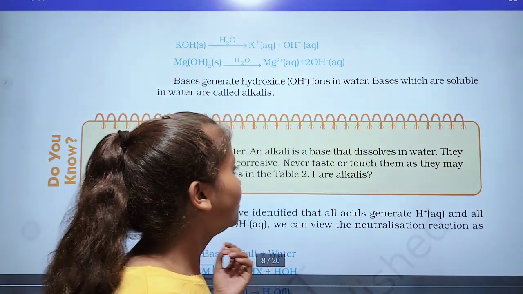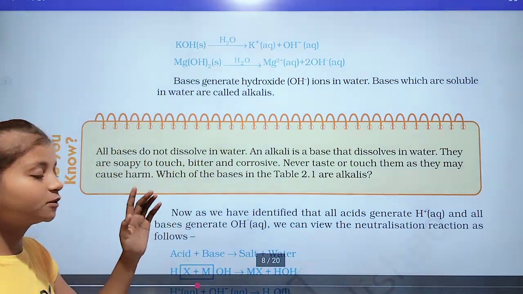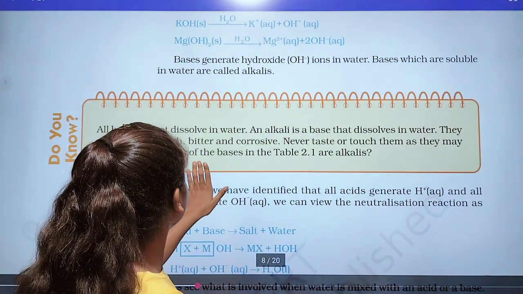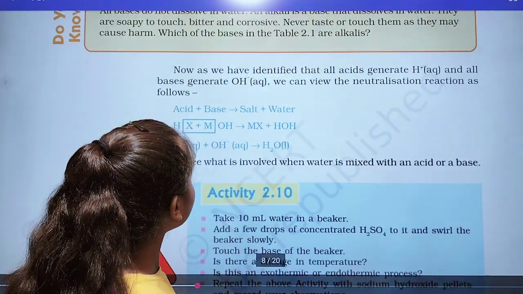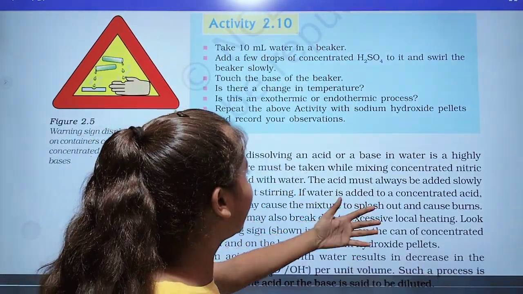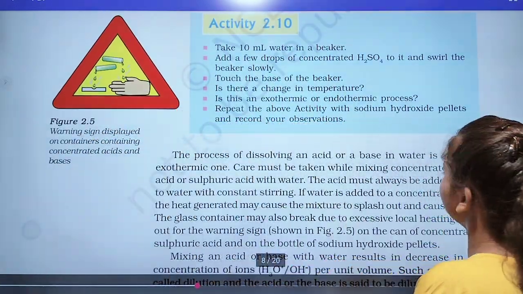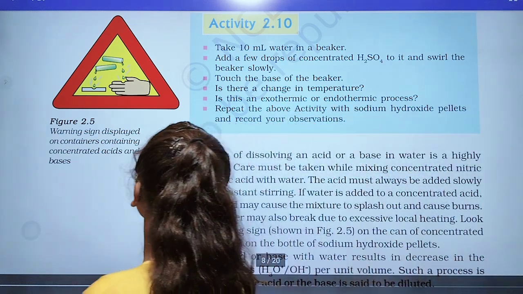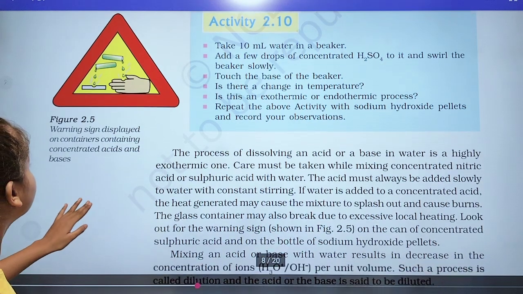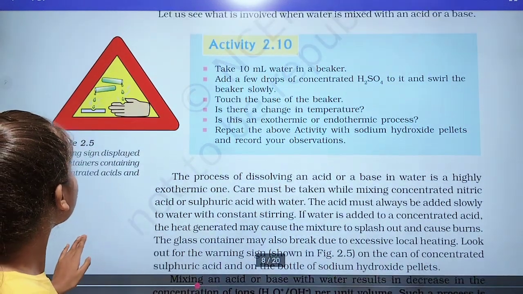Never taste or touch them as they may cause harm. The process of dissolving an acid or a base in water is highly exothermic.